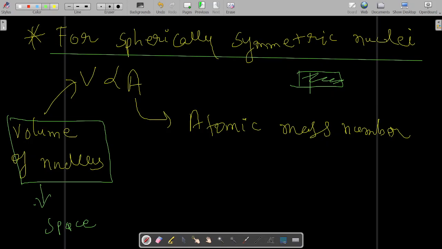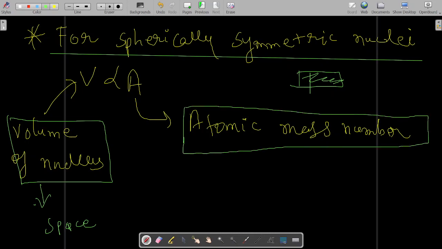So volume of nucleus is directly proportional to atomic mass number. You have to remember this thing. Now what is this atomic mass number? There the students are very much confused.